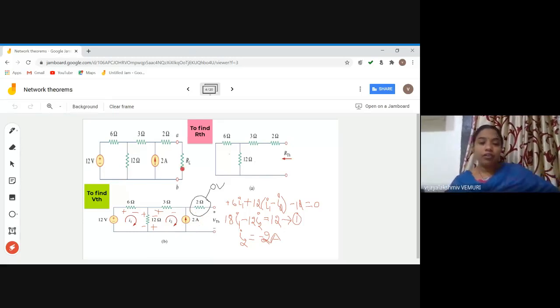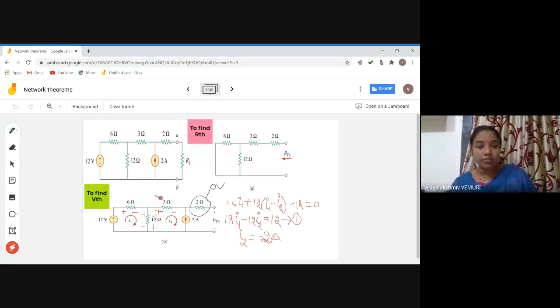But can you find out what is the voltage here? You don't know. So what is the other go? You just observe to which other connection this positive is connected. This positive is connected to one end of this 3 ohms, and the negative is connected to this 12 ohms. So to find out V Thevenin, you need to consider the loop consisting of 3 ohms as well as 12 ohms. Then what is the current flowing through this 3 ohms?